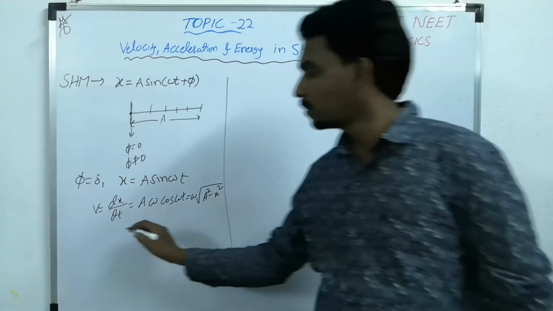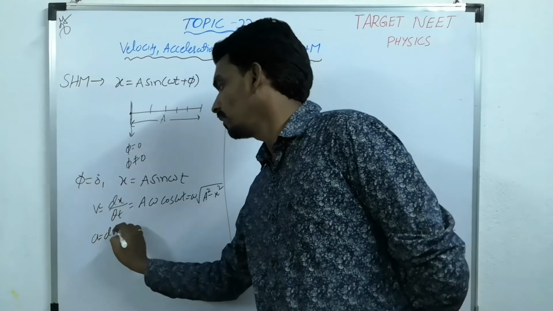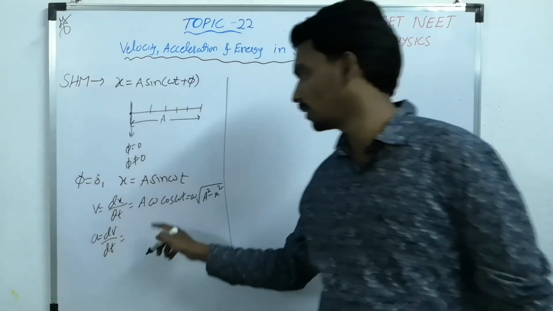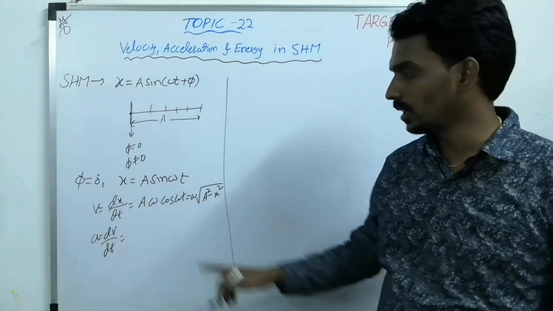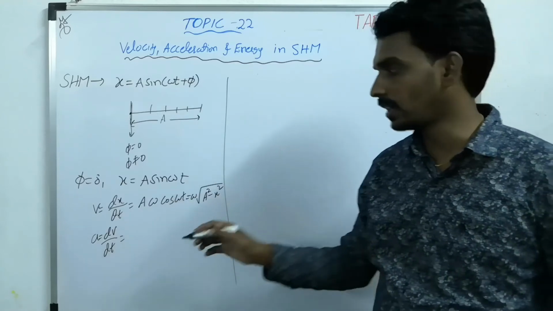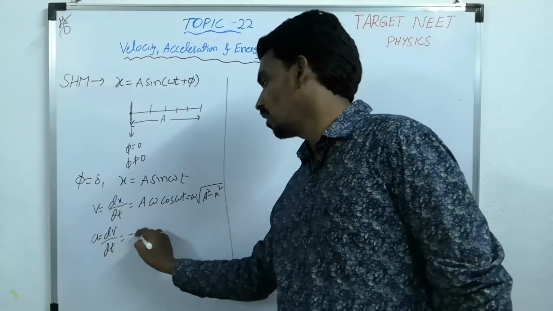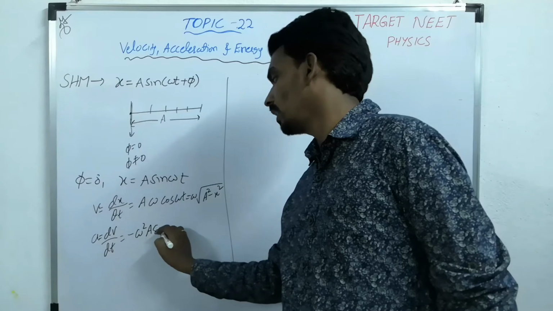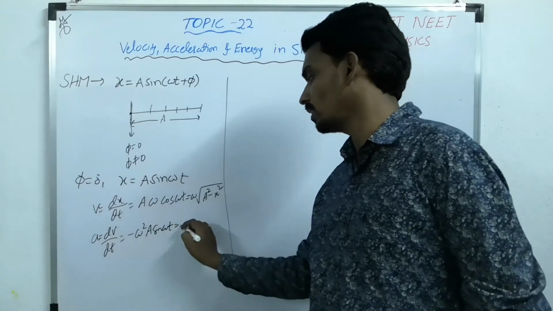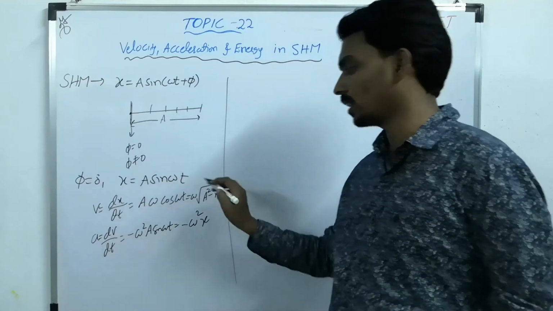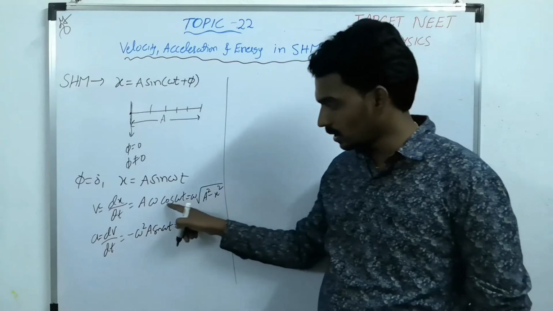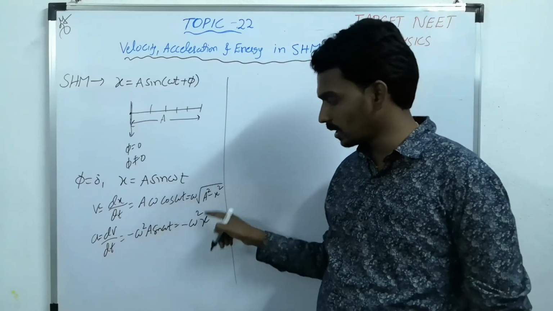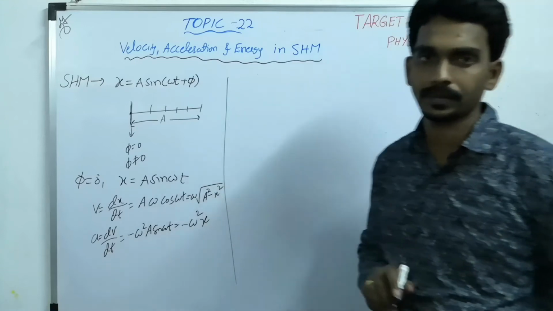Now what about the acceleration? dv by dt. If you differentiate velocity, then differentiation of cos gives minus, so minus omega square A sin omega t, that is minus omega square x. So this is in terms of time, and this is in terms of displacement.